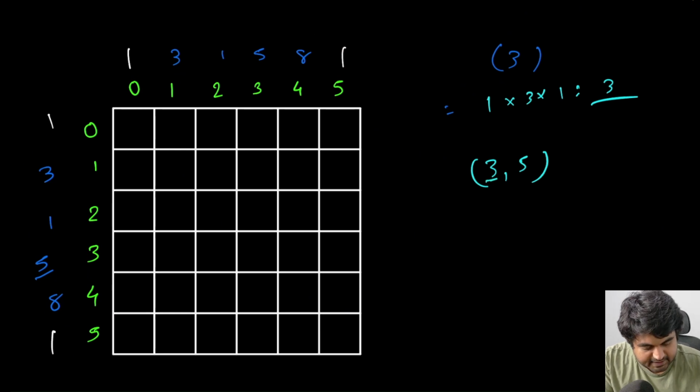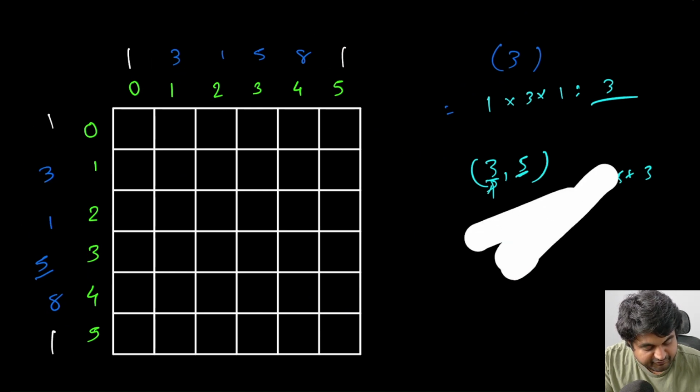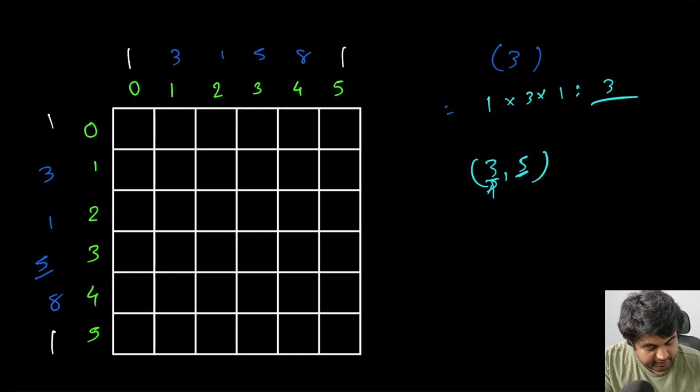One is that we take 3 first, so that would become 15 plus 5, or we could have taken 5 first and that would have become 15 plus 3, so the greater total is 20. So we can say for a fact that if we are dealing with only two balloons, 3 and 5, the maximum value we can generate is going to be 20.